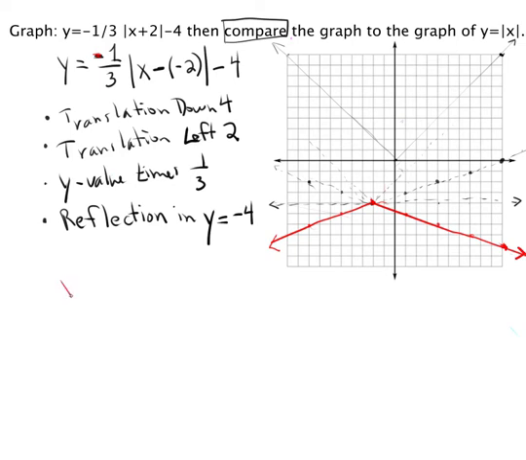So again, it's y equals a times the absolute value of x minus h, plus k, where k is your up and down and h is your left and right. This has to be subtract.